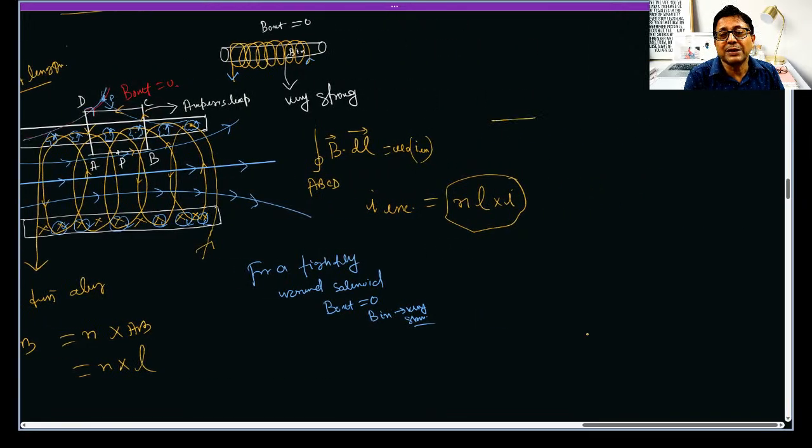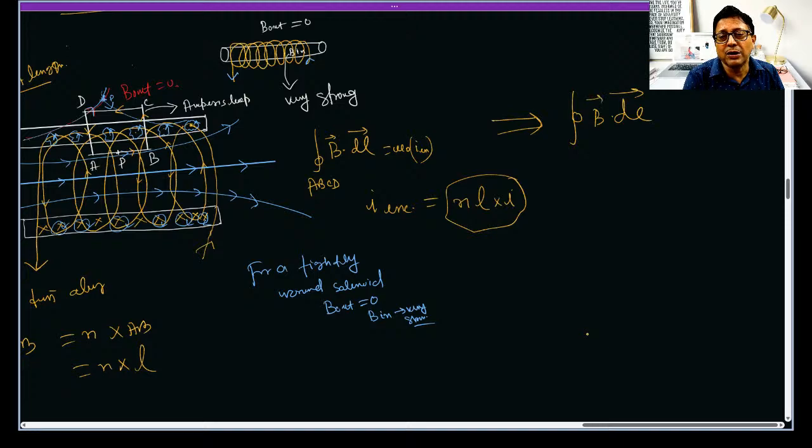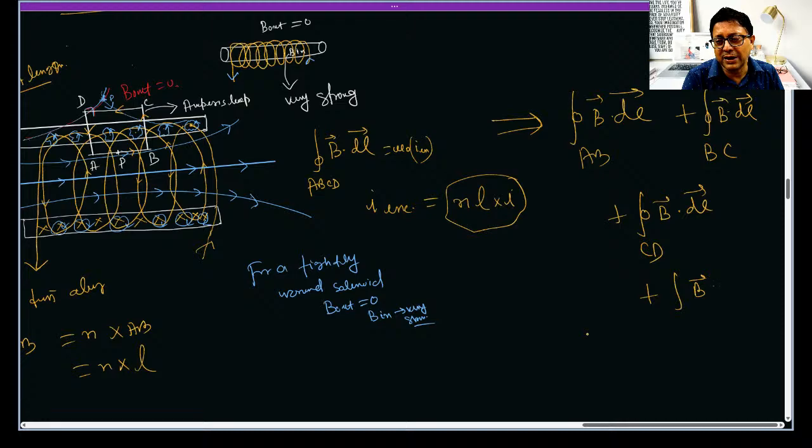Now we have to calculate this B dot dl: B dot dl along AB plus B dot dl along BC plus B dot dl along CD plus B dot dl along DA.